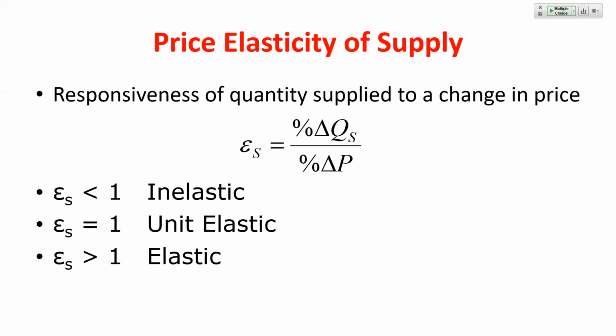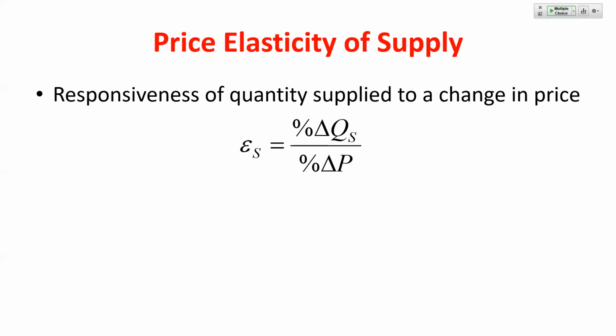Any questions? I'm just introducing this. It's really the same sort of stuff. And I guess the way to think about elasticities is always how responsive is the thing in the numerator to changes in whatever's in the denominator. So here, the price elasticity of supply: how responsive is quantity supplied to changes in the price of the good.